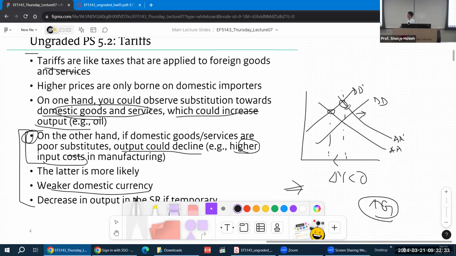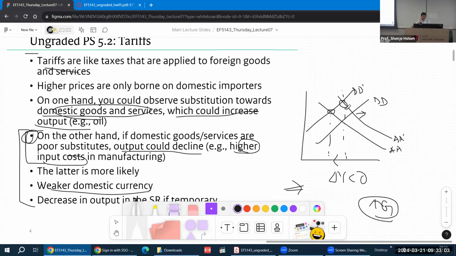That domestic industries have sufficient ability to ramp up production to produce goods and services very similar to what's being consumed abroad, in which case you can imagine a positive output effect. But if certain goods and services are very poor substitutes locally and abroad, then things are going to go haywire, right? There could be a negative output effect, and your currency is going to depreciate.